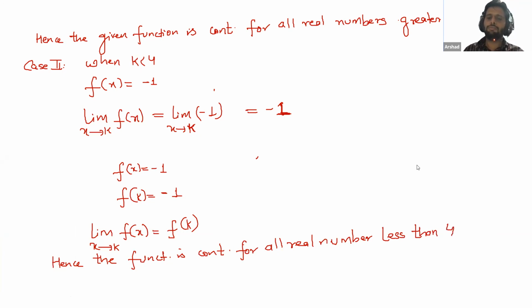So the same thing we did in case 1, we have performed in case 2, and we have proved that this is also continuous for less than 4. All of you, please complete this, note it down, and raise your hand so that we can check the third case.